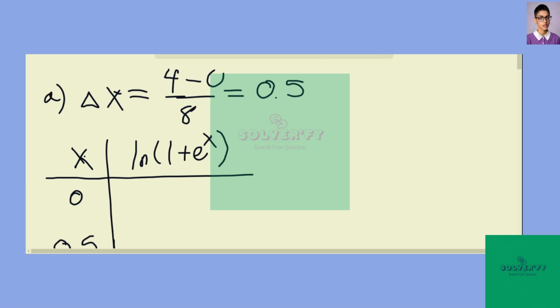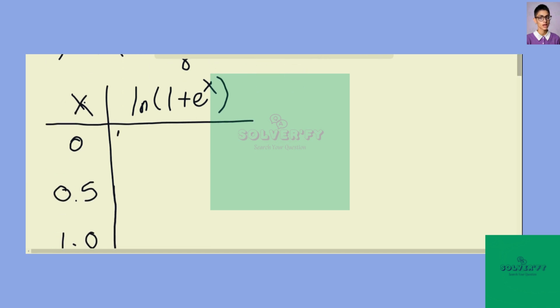Now, for the right side, all we have to do is plug in x from the left side. For example, plugging in x equals 0, we have the natural log of 2 for our first entry. In decimal notation, to 8 decimal places, this is 0.69314718.